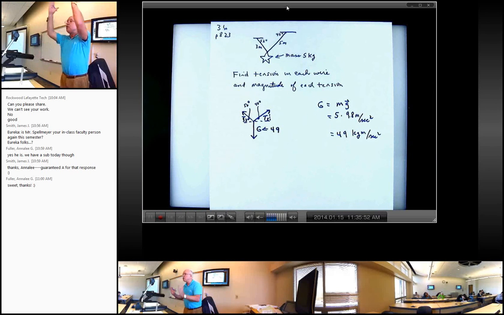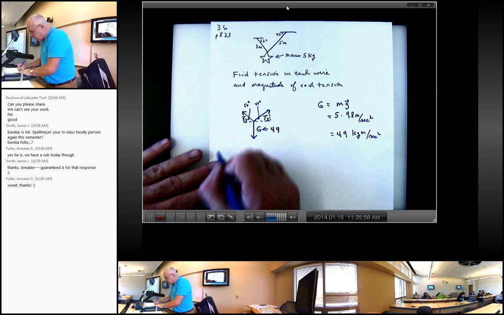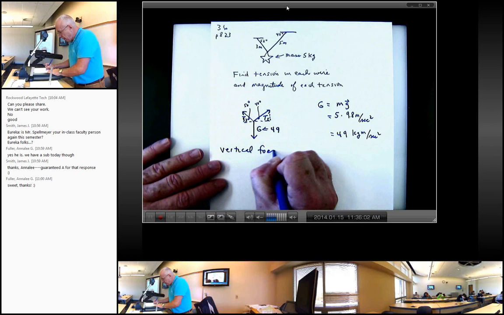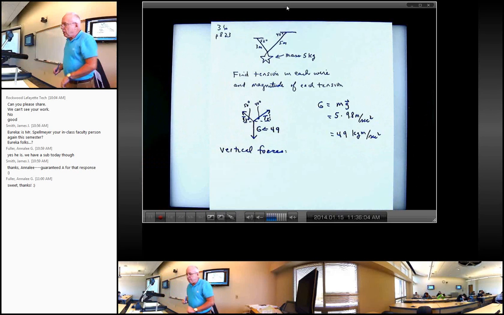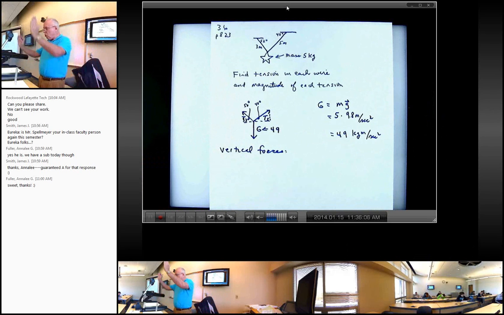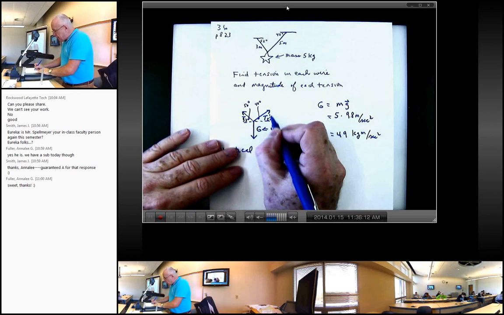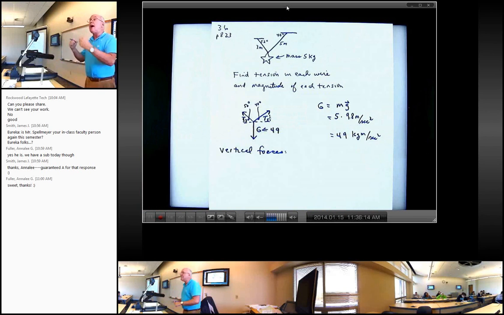First of all, the vertical forces have to balance each other out. So let's look at the vertical forces on this thing. We've got the forces going up from the two wires. Because we're looking at the opposite side, we have to look at the sine of the angle.